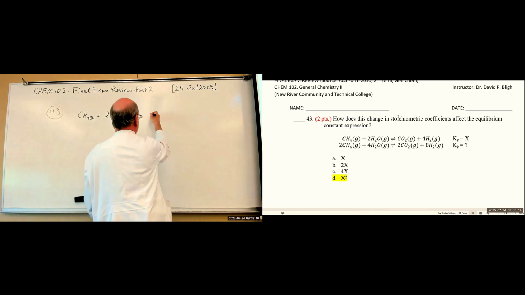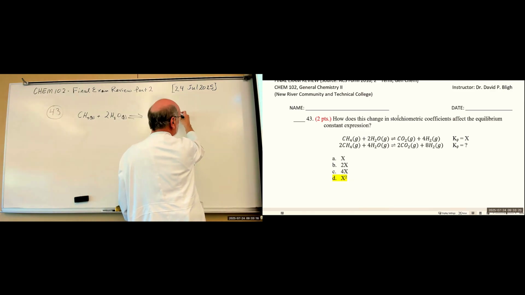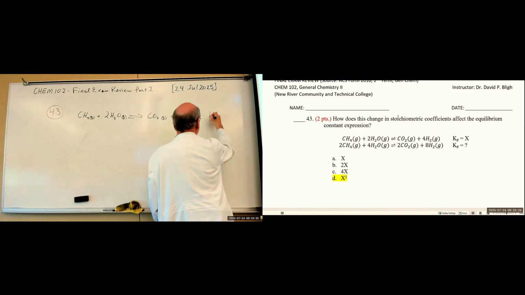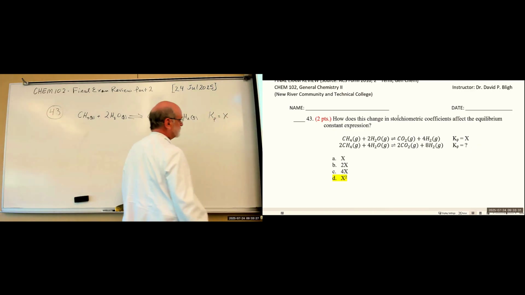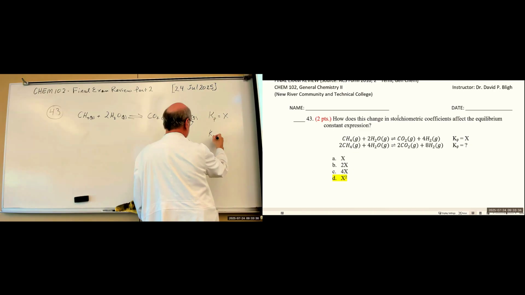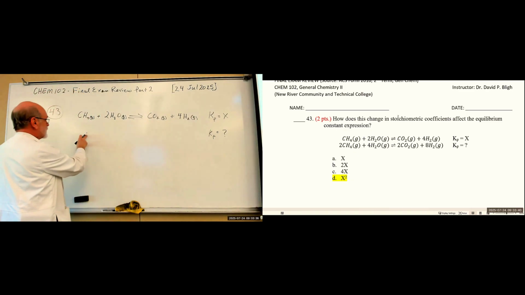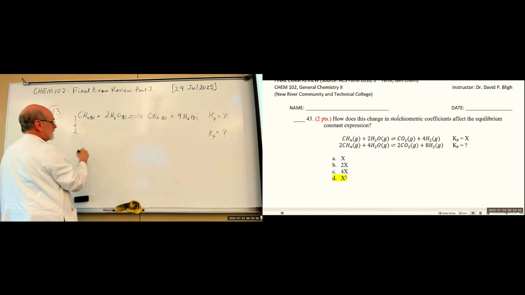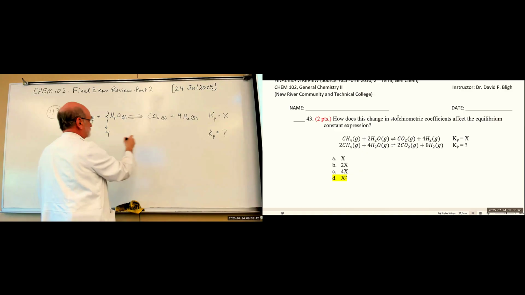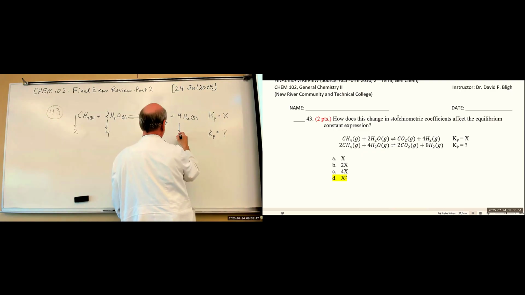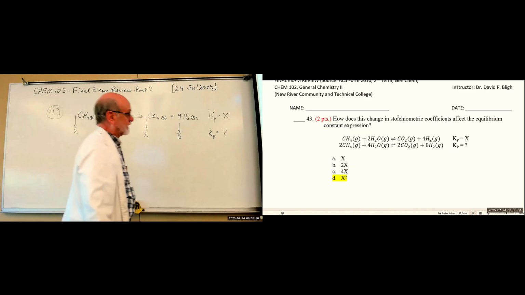And it's in equilibrium with carbon dioxide. Yes. And 4 hydrogens. Yes. Okay. And if we say the Kp equals X, then what's the expression for Kp for this reaction if we change the coefficients? If we change the coefficients to 2, 4, 2, and 8. Right?